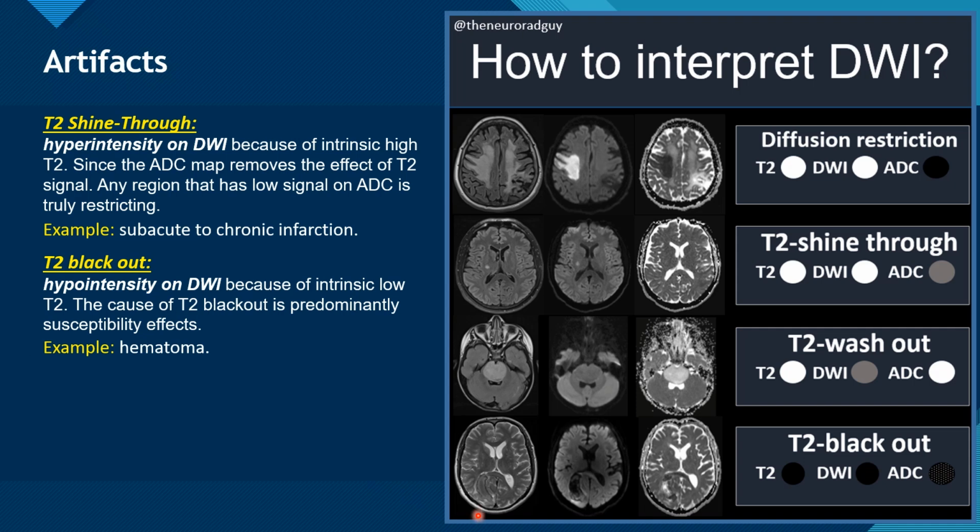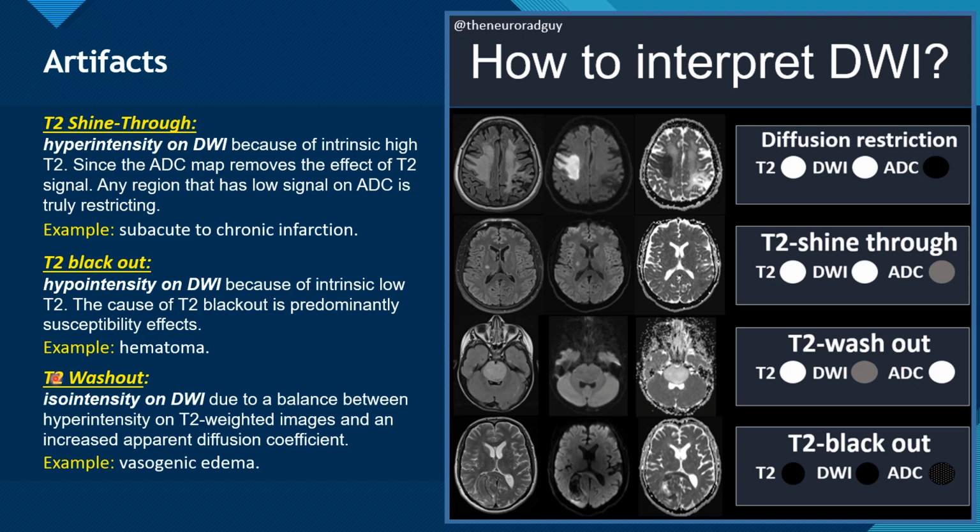This will give us a low signal on T2 weighted image, a low signal on B1000 image, and a low, iso, or high intensity signal according to the slope of the blood calculated during the ADC map calculation.